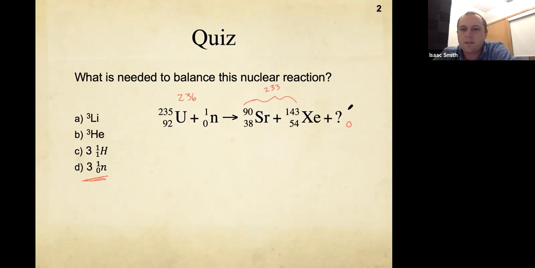So that means we need 3 mass units up here. Now there isn't really anything that has 3 neutrons and 0 protons, okay? But we could just say that we have 1 neutron that looks like this, and then we need 3 of those in order to make this equation balanced. So that might be something else that you run into as you work through these problems. The reason it wouldn't be any lithium or helium is because those contain protons, right? So those wouldn't work.